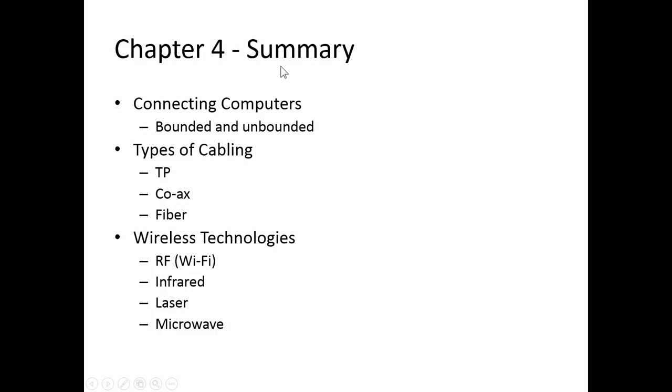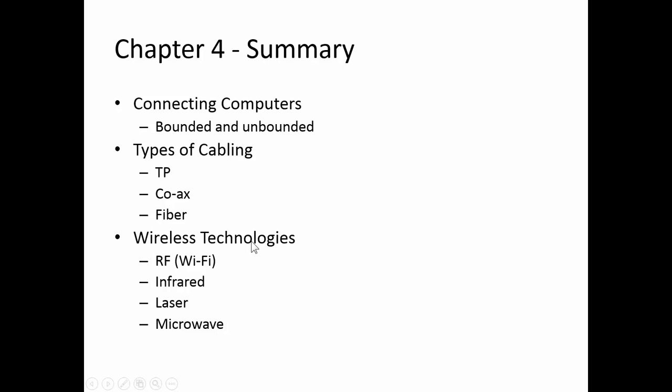Chapter 4, Summary. In this chapter, we looked at methods of connecting computers, both bounded and unbounded. Types of cable include twisted pair and coax, and they both fall into the category of copper. And then fiber optic uses light beam, so it's much faster and it's insusceptible to electromagnetic interference.